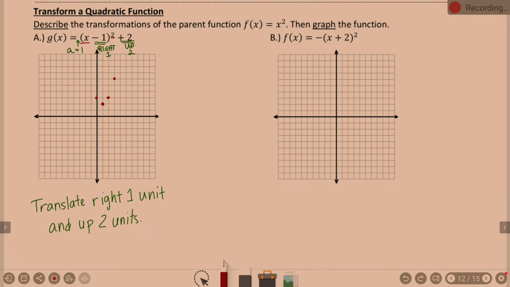When you go right 2, up 4, you can also go left 2, up 4. Remember, this is a U, not a V. Try and draw carefully. Try and not make it look V-like. Try and make it look U-like.